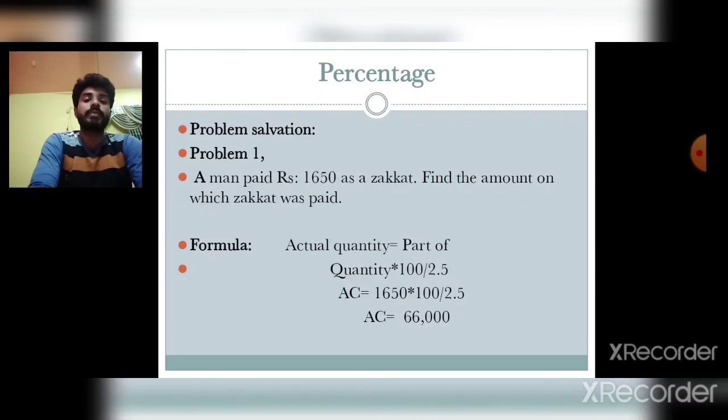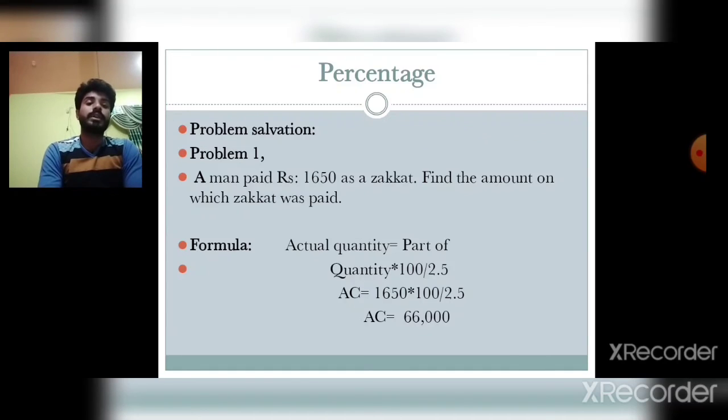So the formula for finding the actual amount is equal to part of quantity multiplied by 100 divided by 2.5. The 2.5 is the rate of zakat. In any condition we have to pay 2.5% of the whole amount. Now the solution.